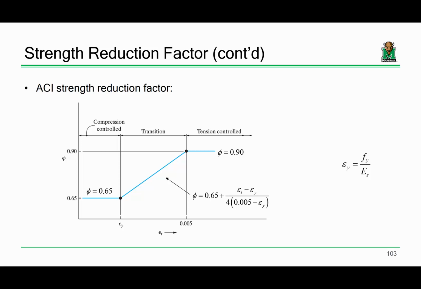Well, by throwing all that extra steel in there, you might actually be causing the beam to go from, let's say, a tension-controlled region to a transition region. So your phi value could go down, and the beam's actually not as strong as you thought. So you've got to be careful about that. And we're going to talk about that when we get into design.